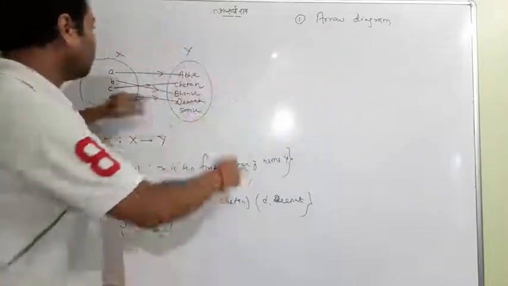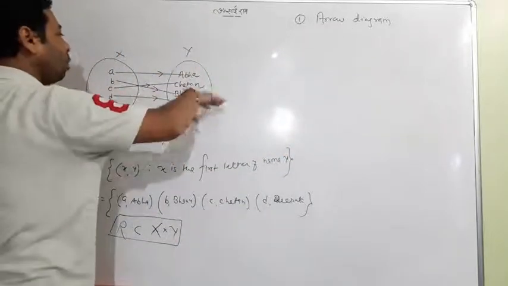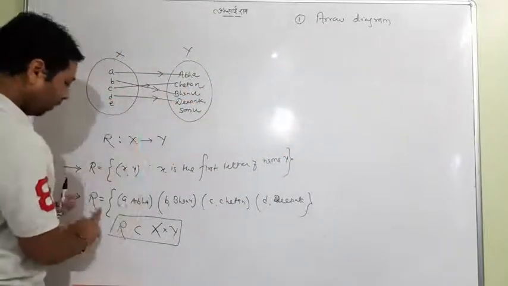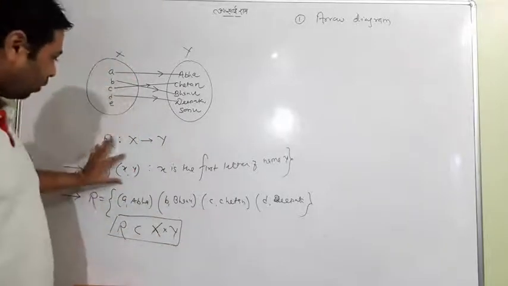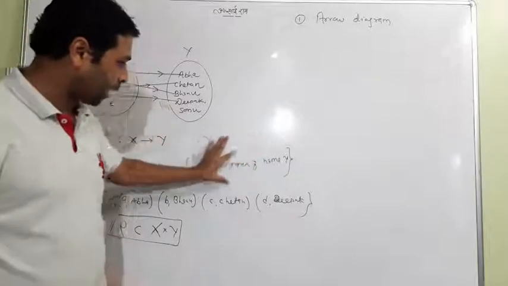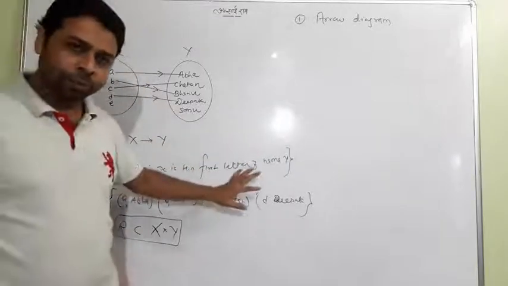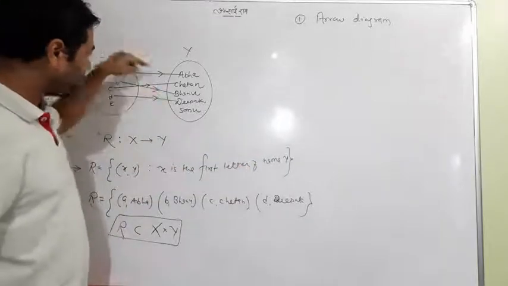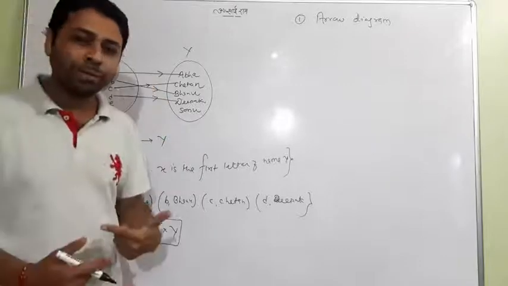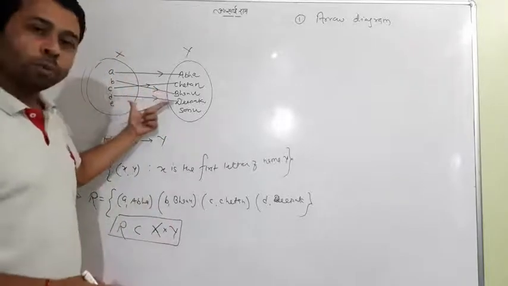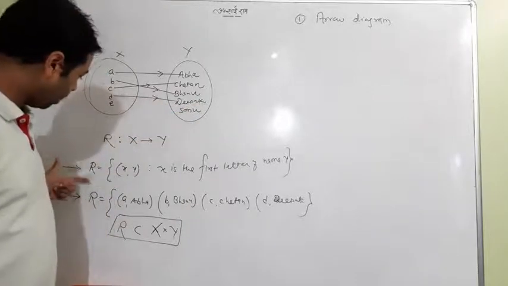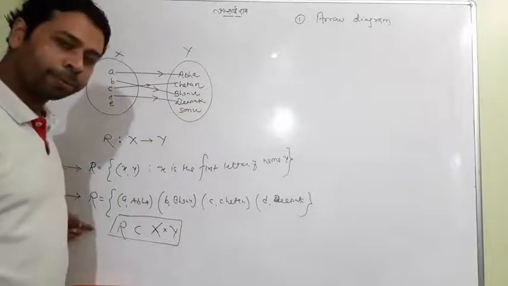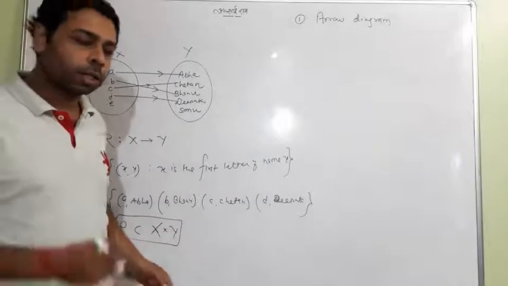If you are given this, you can definitely find R in roster form easily. You have to do this just by viewing the arrow diagram. Sometimes it may come that this picture is given, and you will be told to find the relation in set builder form and roster form. So that is the task.